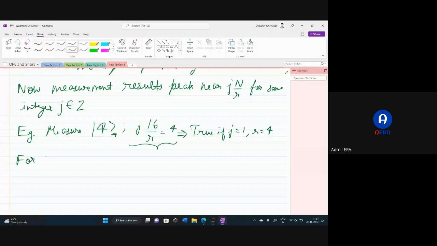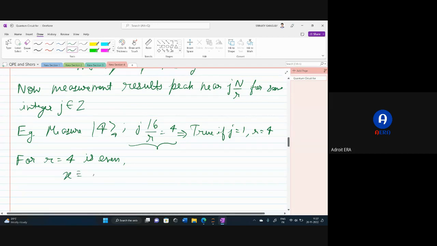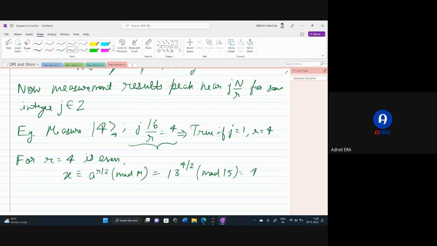So for r is equal to 4, remember r equal to 4 is even. Therefore, remember, we have calculated x is a to the r by 2 mod m. We know a, which is 13, we already defined it. R by 2 is currently 4 by 2, mod 15, which is equal to 4. Therefore x comes out to be 4.